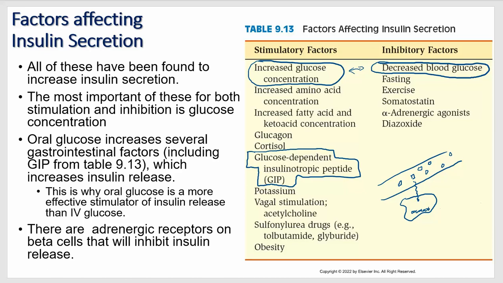We have to think about this when we think about the function of insulin. The overarching function of insulin is to take glucose out of the blood and move it into cells for storage.